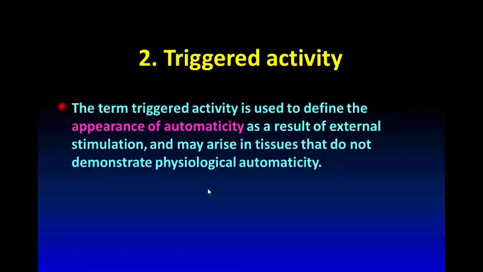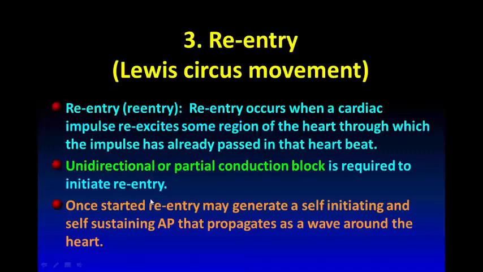Triggered activity is defined as the appearance of automaticity as a result of external stimulation, and this appearance of automaticity might arise in tissues that do not normally demonstrate physiological automaticity.